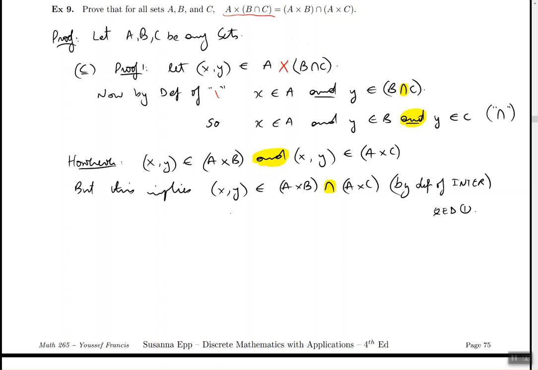Now, by definition of the word cross, I can say that the x first number in the ordered pair comes from A, and I can also say that the second element y comes from the second set, which is B intersect C. But now, since B intersect C is an intersection, I can basically break it apart, and I could separate the B by itself and the C by itself, and y still belongs in both of them. And still, as usual, x is inside of A.